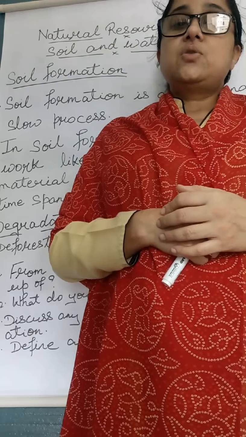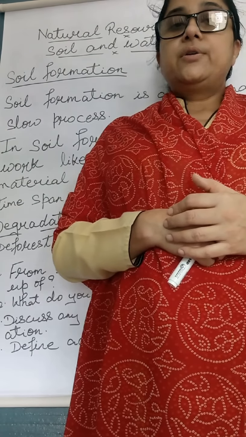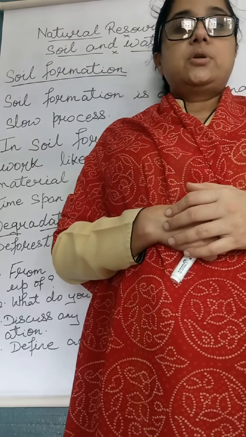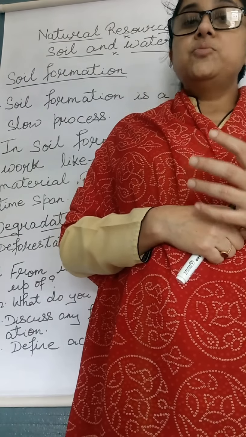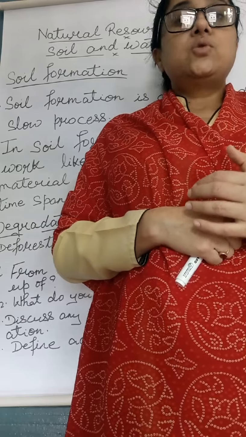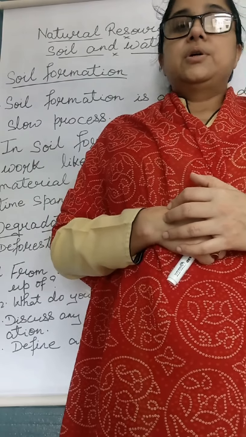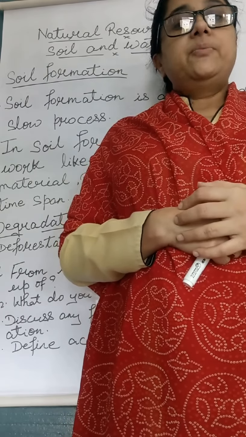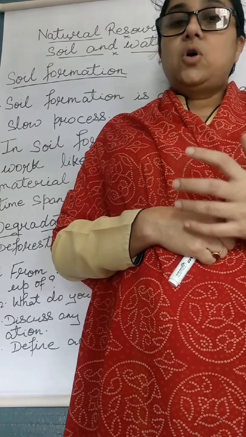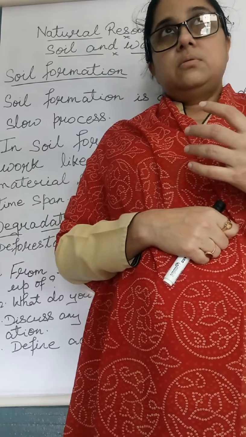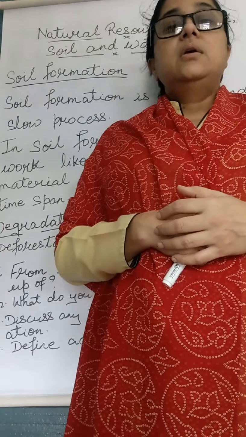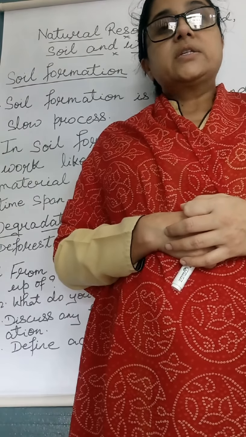Flood is also a reason for soil degradation. When a flood comes, the topsoil, that is the humus soil, is washed away, and it is good for agriculture. Landslide: when too much heavy pressure is on that place with the help of rain or flood, then landslides also take place.